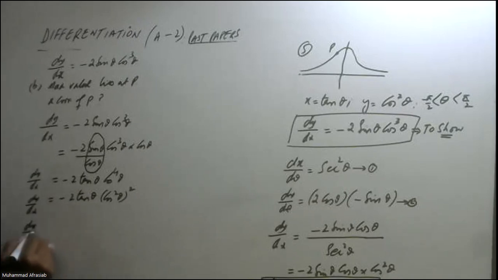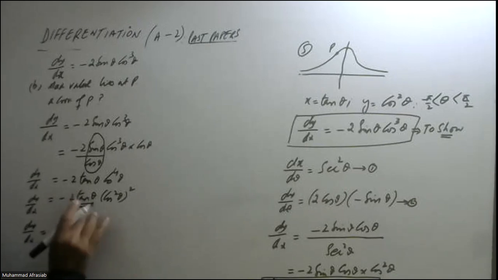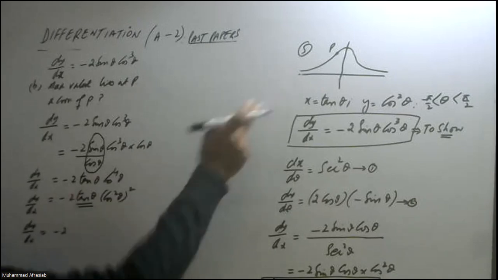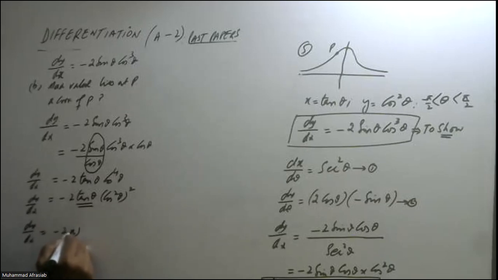So dy by dx in terms of x and y: tangent theta itself is equal to x, so x into cos square theta is equal to y, so this thing will be equal to y square.